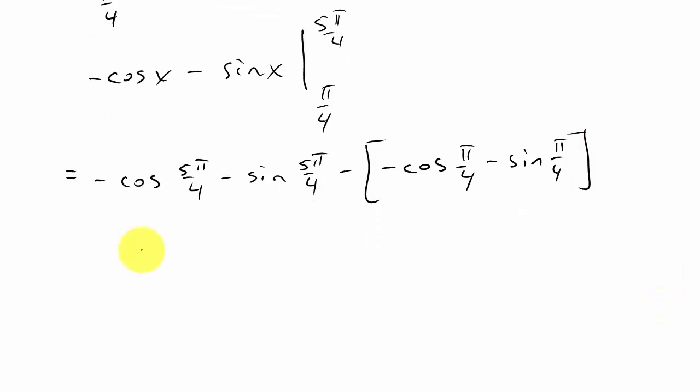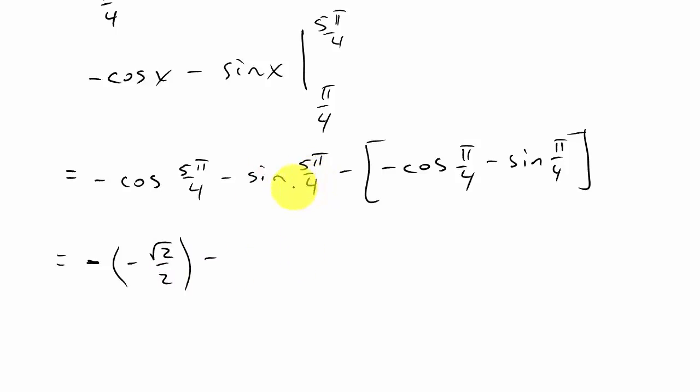The cosine of 5 pi over 4, remember the reference angle is pi over 4, so that's going to give us square root of 2 over 2, but we're in the third quadrant, so that's going to be negative square root of 2 over 2, minus the sine of 5 pi over 4.